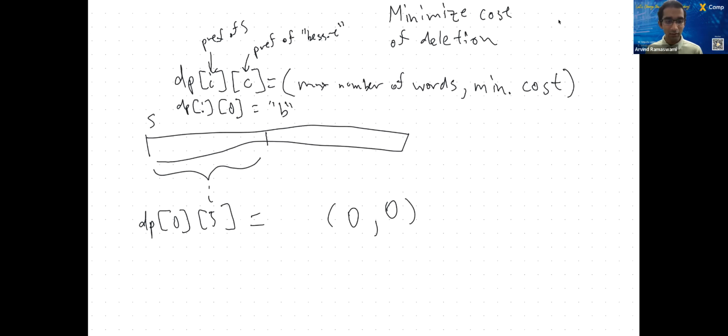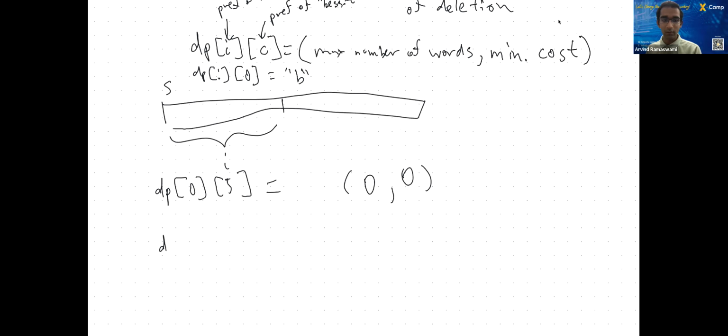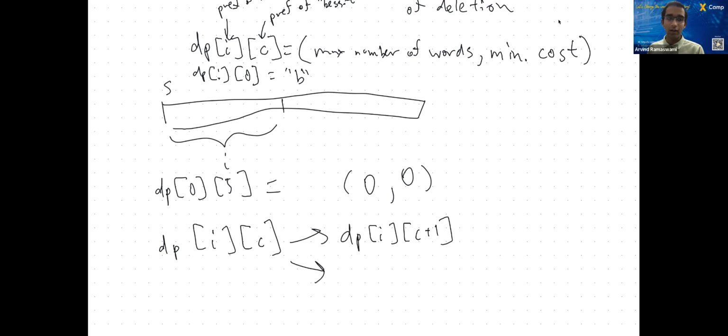And then the transition is DP[I][C] goes to, so you're extending your prefix by 1. So either you're extending the last string by 1 character, so you go to DP[I+1][C+1], or you're not extending the last character.